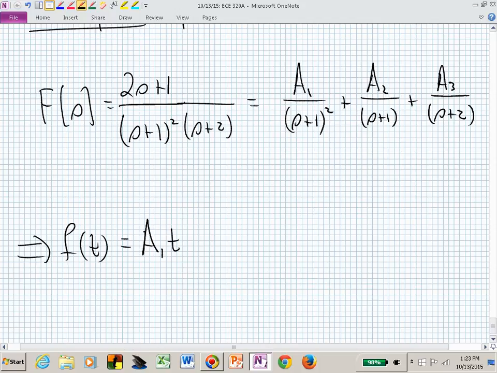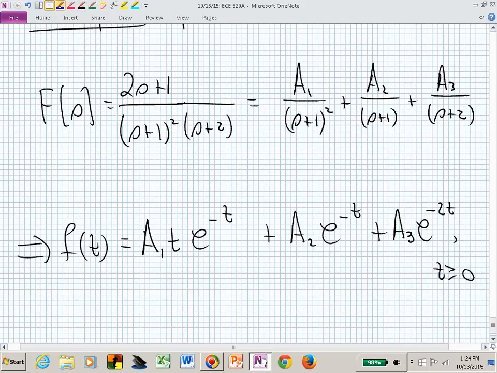So now we have a1 t e to the minus t plus a sub 2, and this one you already know how to do. What is that? That's just e to the minus t, and then we have a sub 3, and you already know what that does. And again, that's for non-negative values of t.